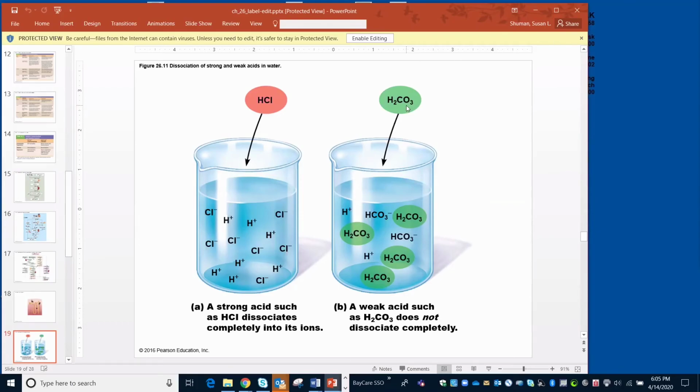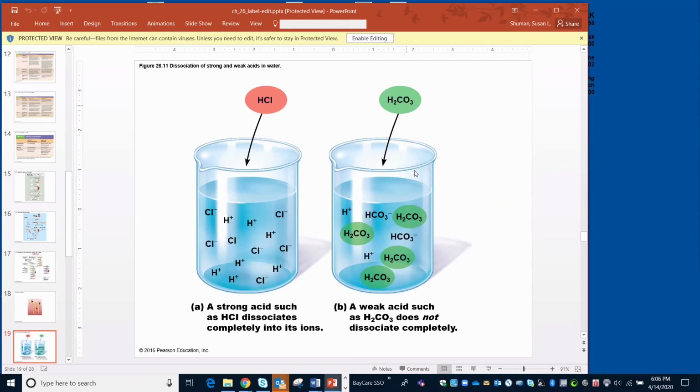Now, when we look at carbonic acid, it is a very weak acid. So the rule is weak acids and weak bases are fantastic for buffering because they are very happy to pick up or drop off either the protons or the hydroxides. Okay, so these are what we use big time.